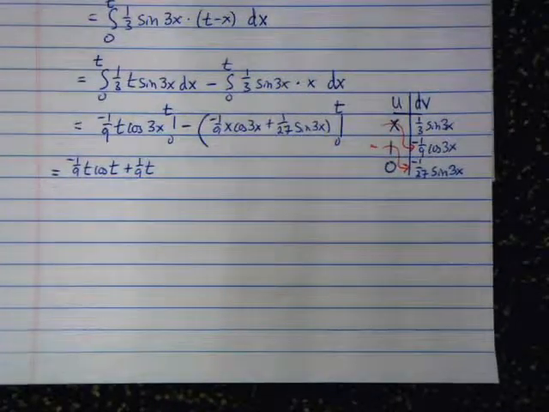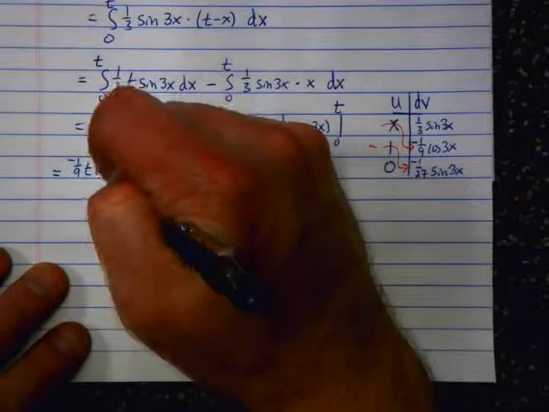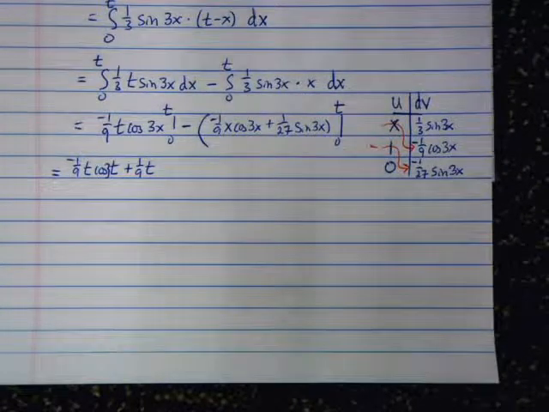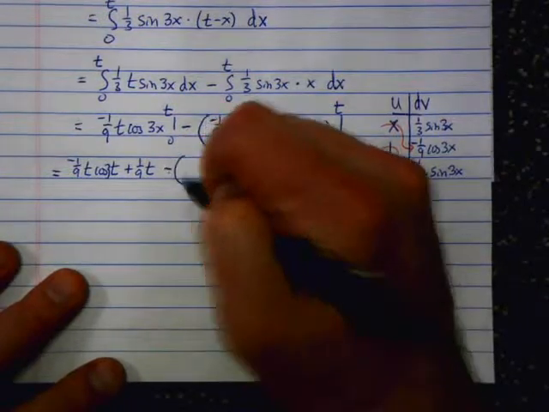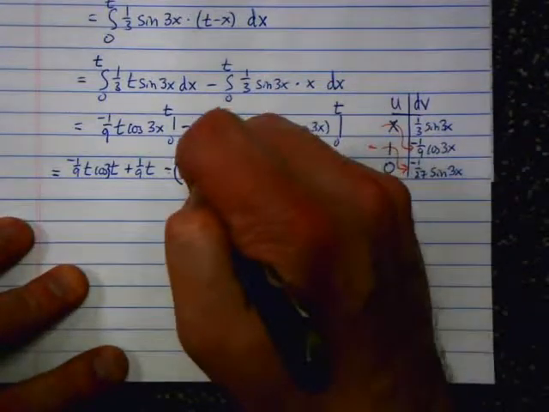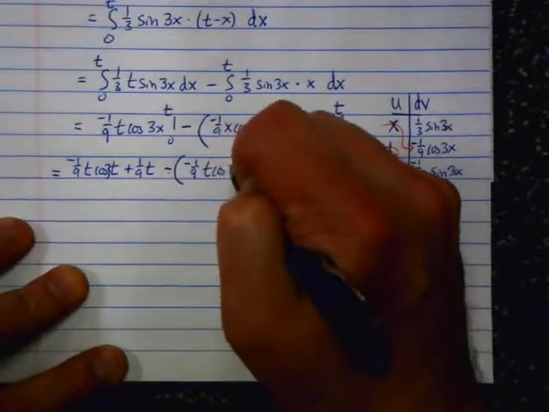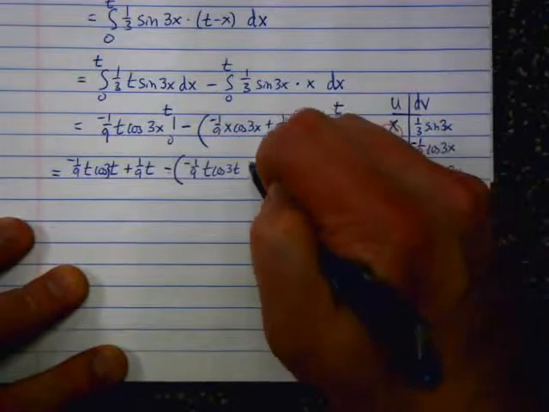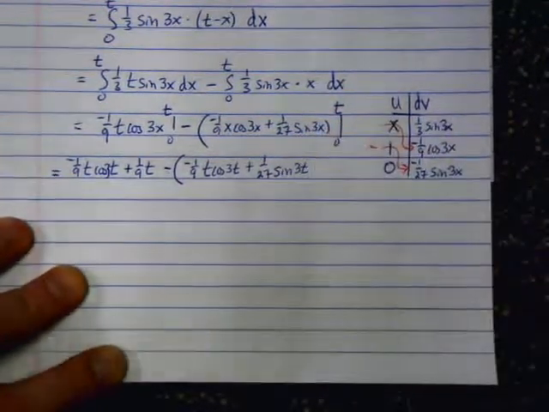Minus, when I plug in t, I'm going to have minus 1/9 t cosine 3t plus 1/27 sine 3t.